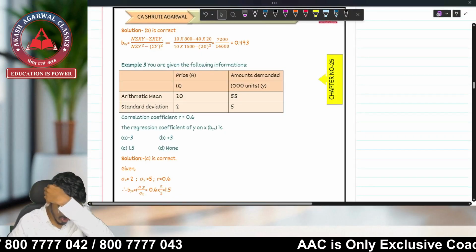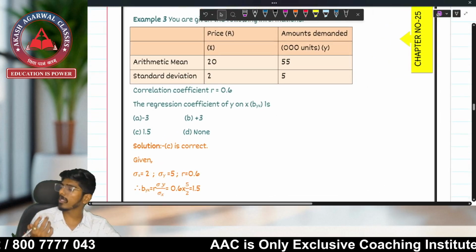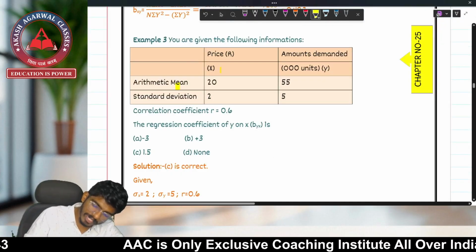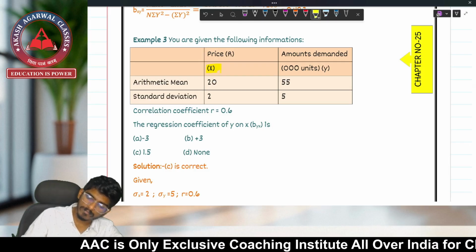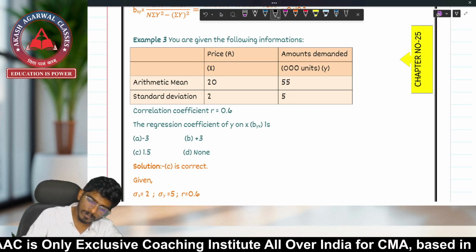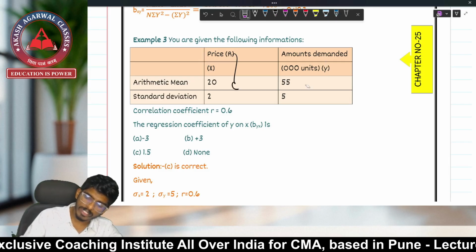Now let's see example number 3. Example number 3 is again very easy. They have given us prices. They have given us price for X, and amount demanded is quantity Y. So they have given us price details and they have given us quantity details also.